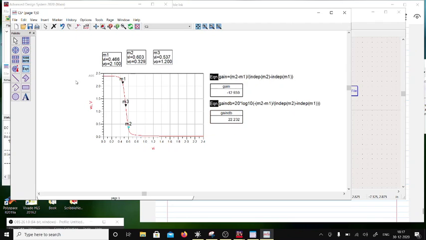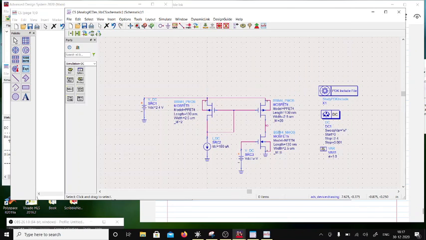Now, this is called analysis. One more thing: if I want to improve the gain, what do I do? I can change the length from 130 to 260. So everywhere I'm going to do 260, not disturbing the ratio.